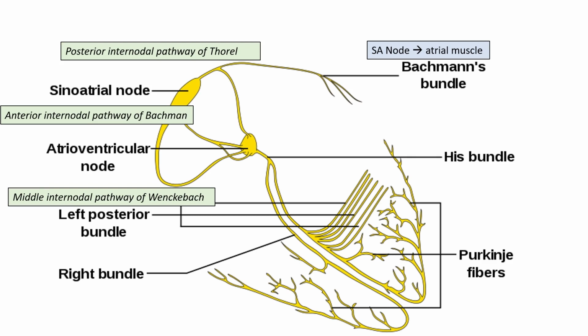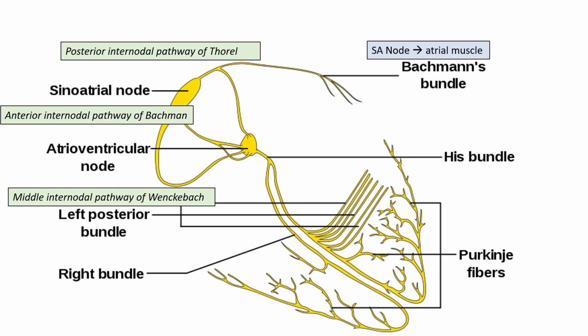The most important thing is that you have to know from where to where the cardiac impulses generate and how they spread all over the heart. Once again, I'll show you the diagram of the conducting system, how the impulses generate from the SA node to the AV node.